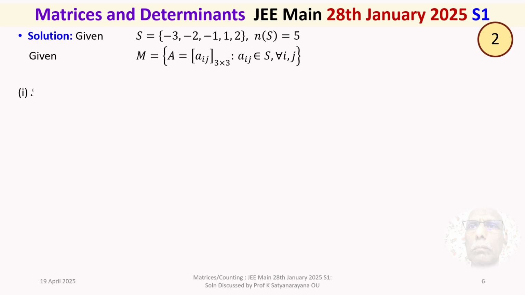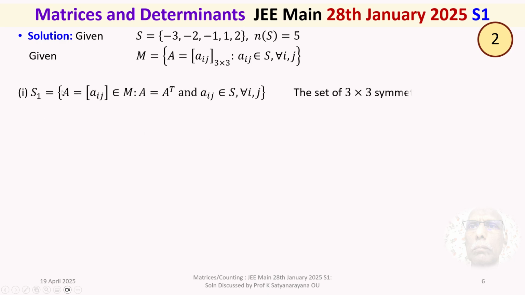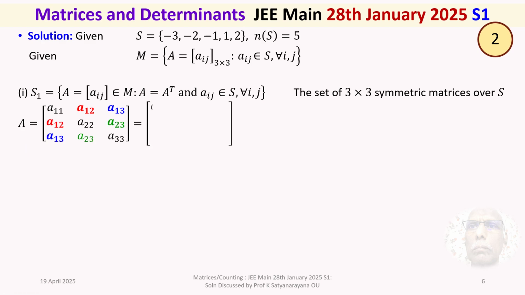Now let us take case 1. S1 is the set of all matrices from M which are symmetric. A is equal to A transpose and Aij belongs to S for all i, j. So S1 is the set of all 3 by 3 symmetric matrices with the entries coming from S. Right. So how will the matrix of S1 look like?